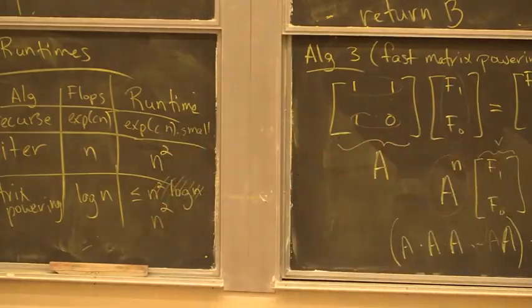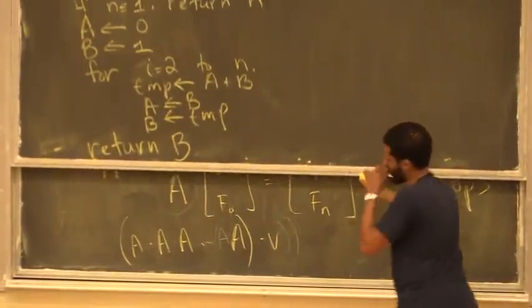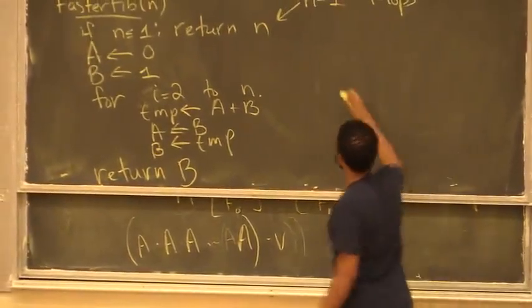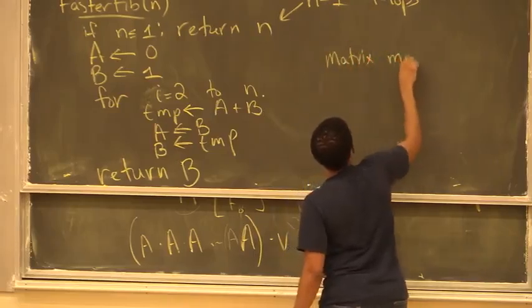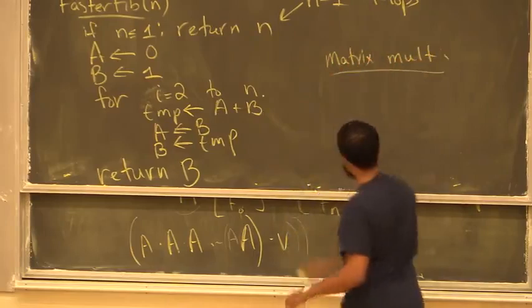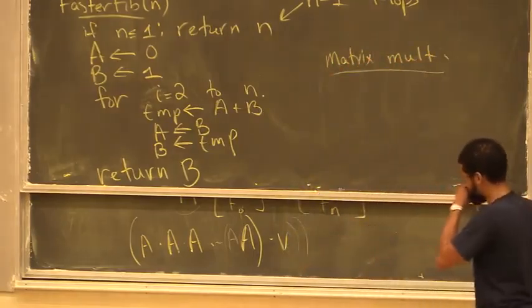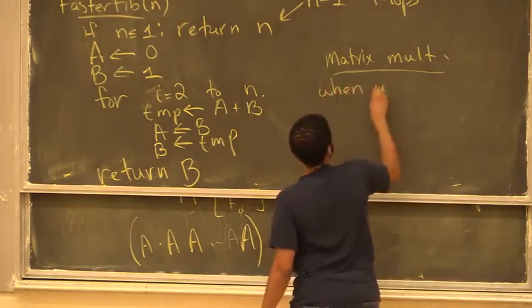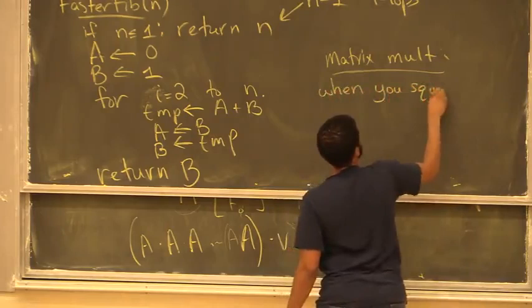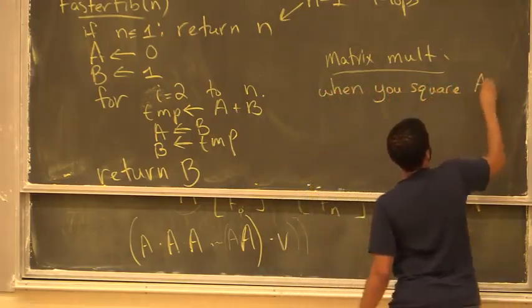Basically what I'm saying is, in the matrix mults approach, in the powering approach, when you square a to the k, right?